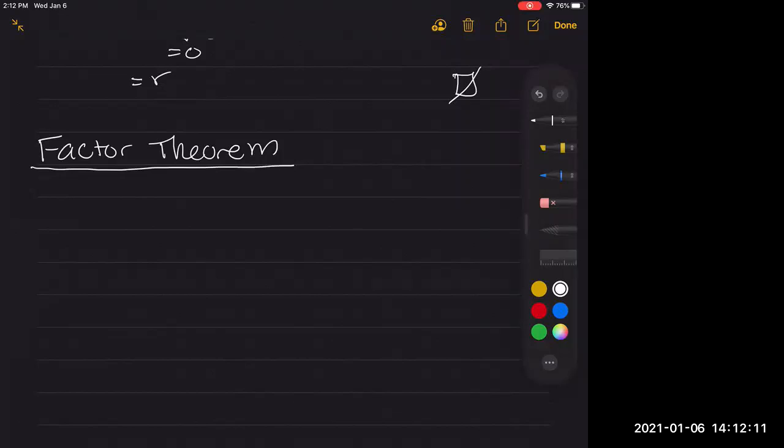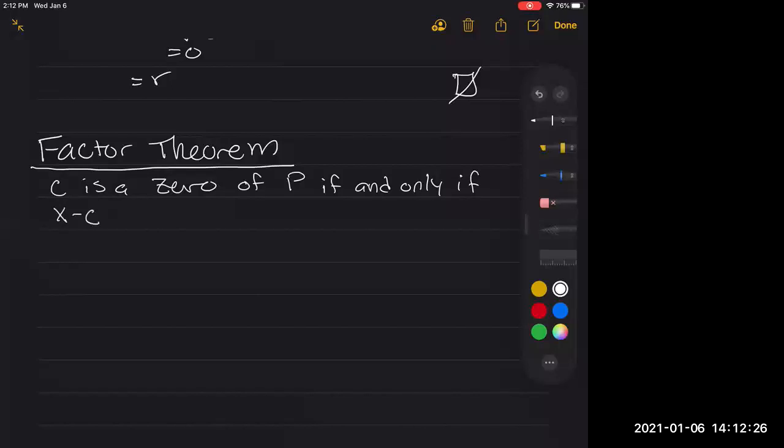So it states that c is a 0 of our polynomial P if and only if x minus c is a factor of P.